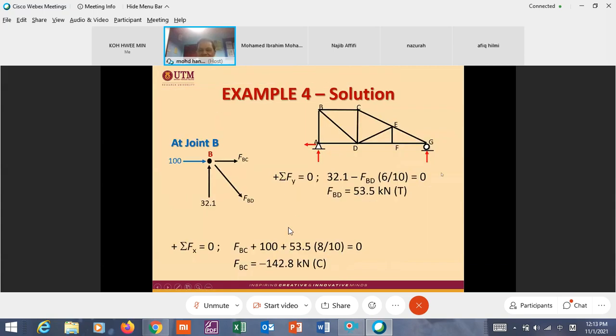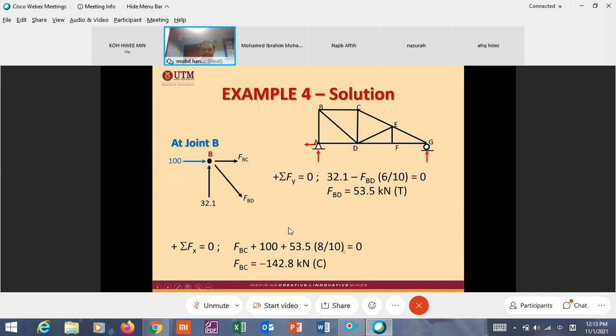So this is what we mentioned just now, the rectangular component of force. So we must be very familiar with this, whether 6/10 or 8/10, and this one 8/10.